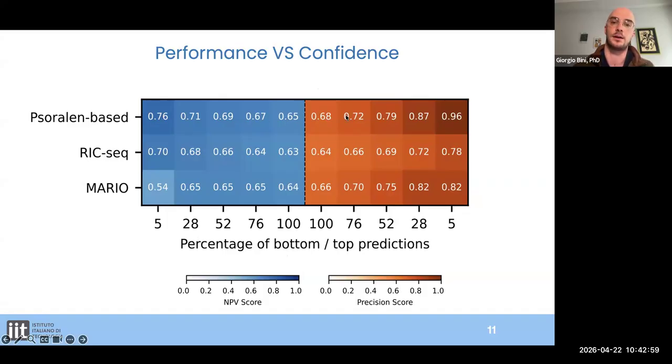And as we can see, there is a nice monotonic trend on both positive and negative predictions, evaluated by the precision score for positive predictions and the negative predictive value score. And this suggests that the confidence of the model can be a proxy for its performance.